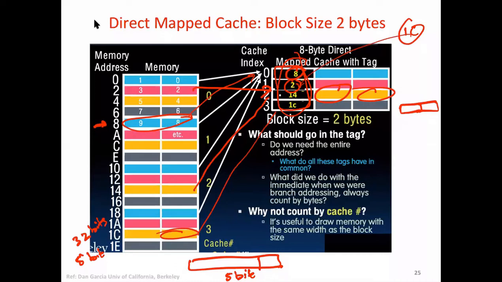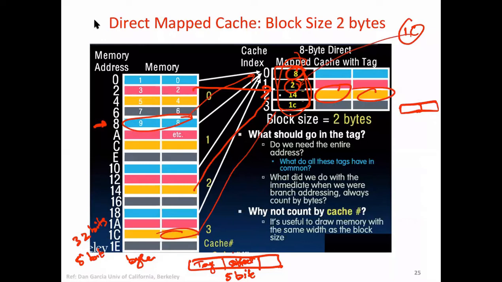Anybody answer? So we need 5 bits to address it, right? Because it's a 32 byte memory. And then some bits will be required for the index, some for the offset, and some will be the tag.